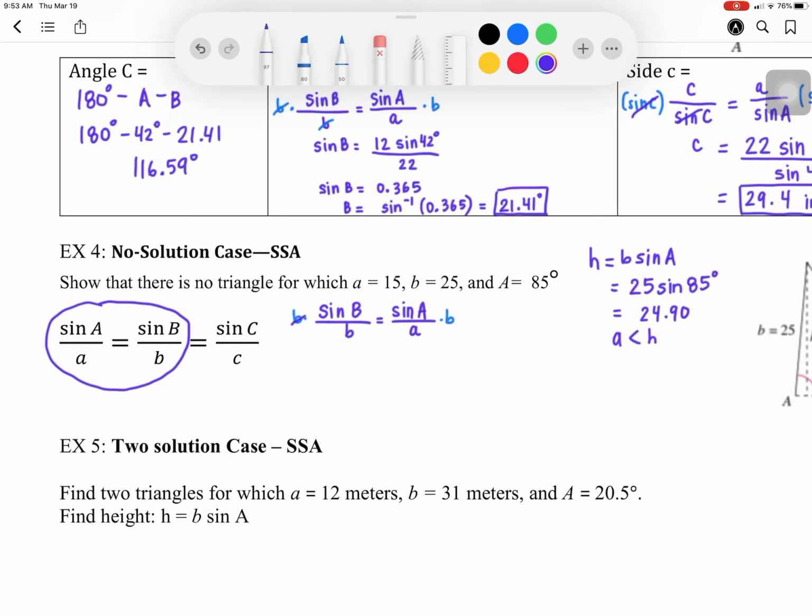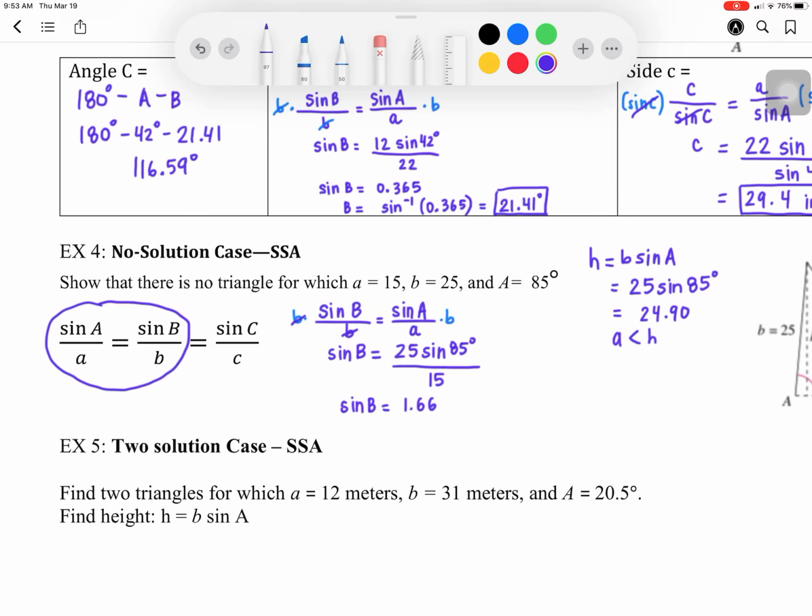So now that cancels out. You're going to get sine of B is equal to side b, which is 25, and then sine of angle A, which is 85 degrees, divided by little a, which is 15. So now you're going to get sine of B is about 1.66.